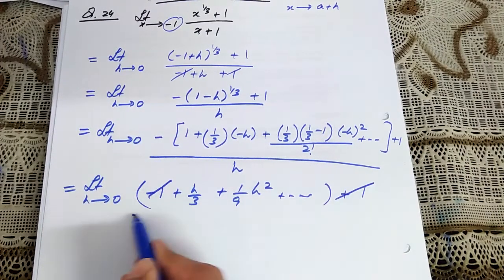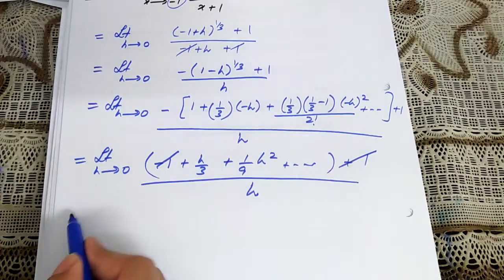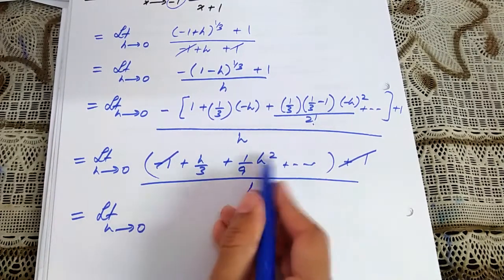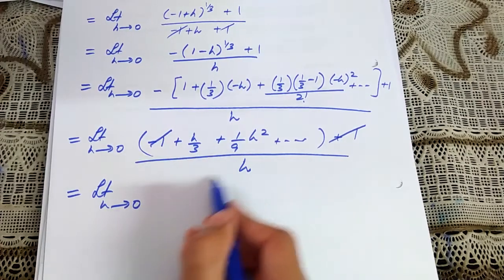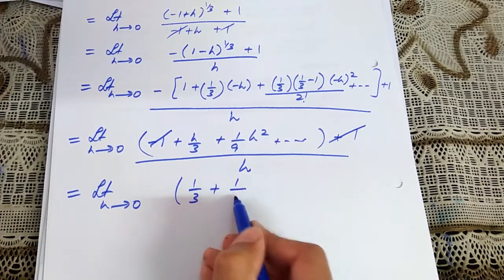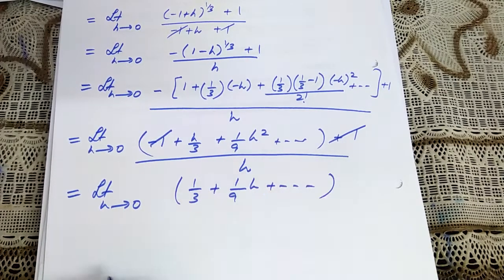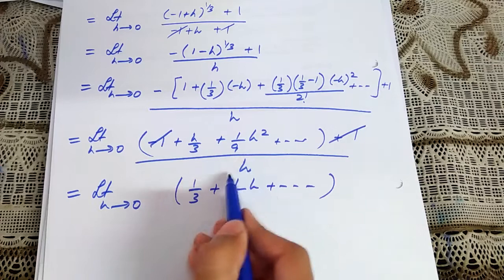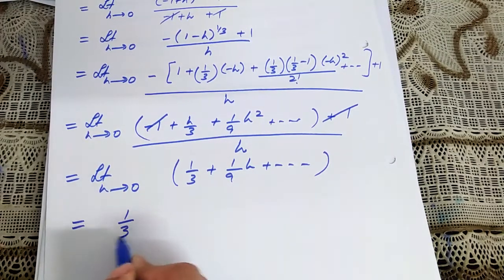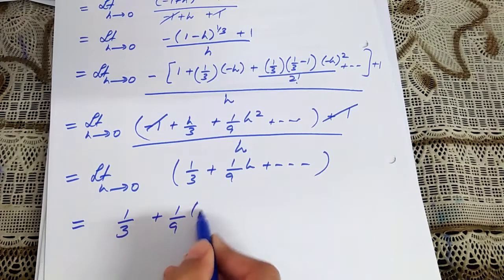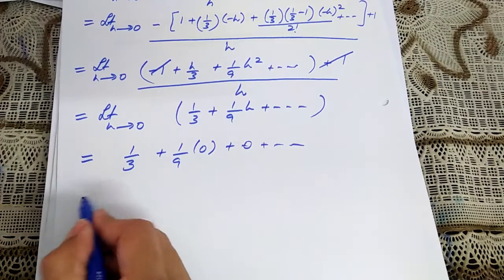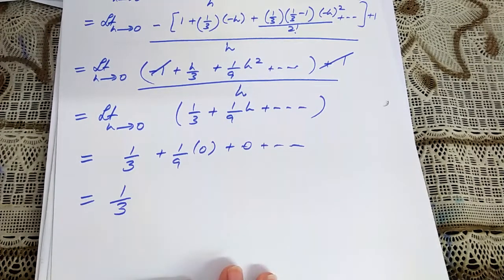This plus 1 and -1 cancel out. We get the limit as h approaches 0. Take h common and cancel it with the denominator. We get 1 over 3 plus 1 over 9h plus so on. Now we can easily apply the limit: 1 over 3 plus 1 over 9 into 0 plus 0 plus so on. So the answer for this limit is 1 over 3.